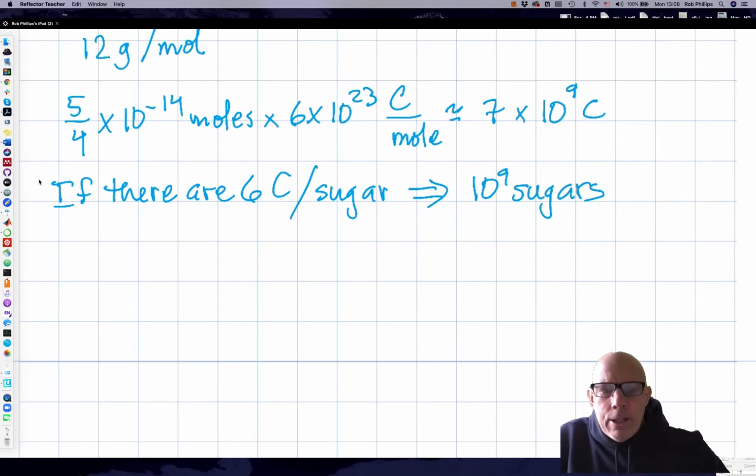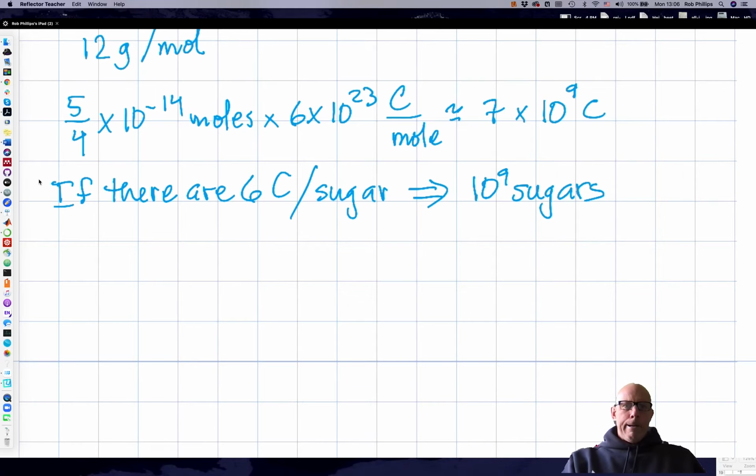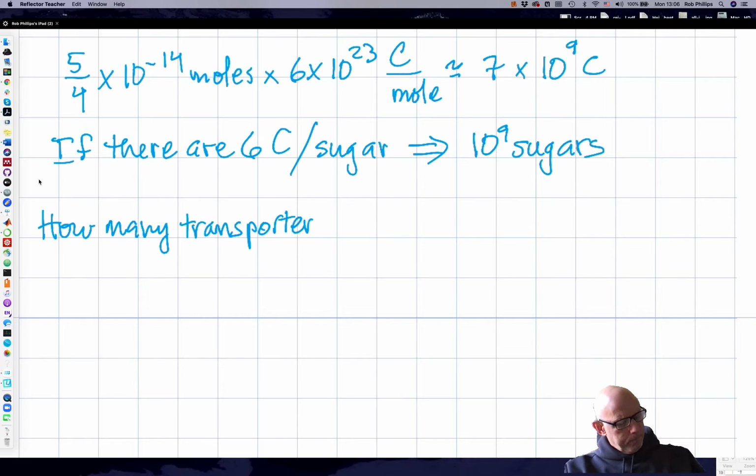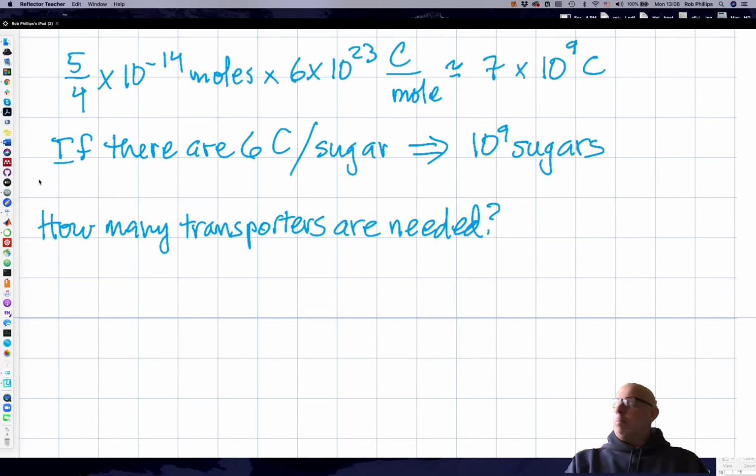Now the next question that I can ask is, how many transporters do I need? So that's the next question. And the way that I would think about that if I were on the desert island with Wilson is I would try to figure out, well, what's the typical rate constant associated with a kinetic process mediated by single molecules?